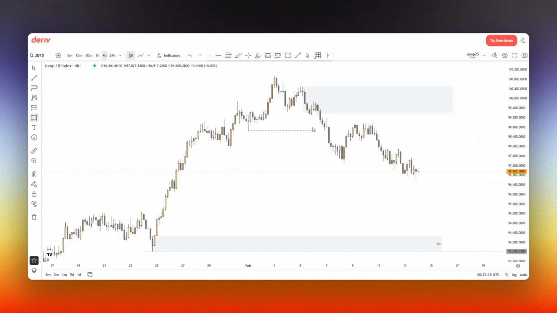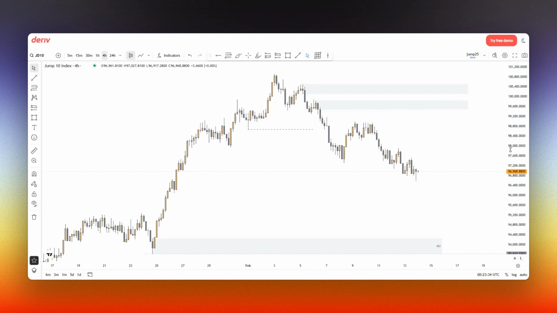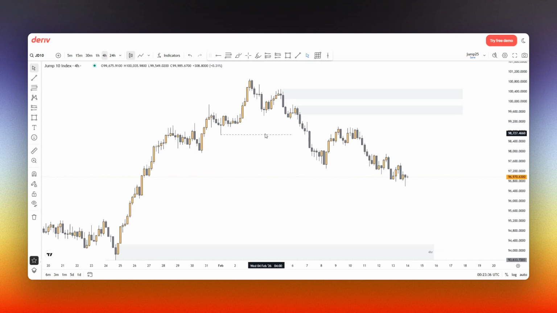As I try to refine it, there's some supply zones. Yeah, there's some key area zones, the areas of interest.